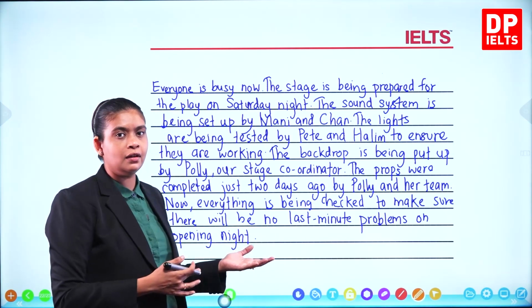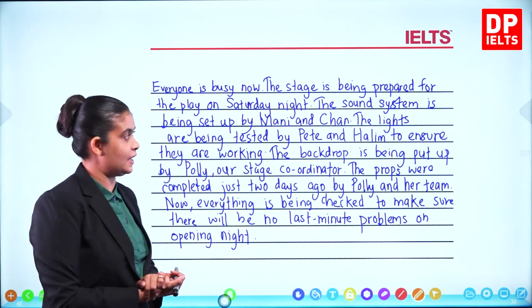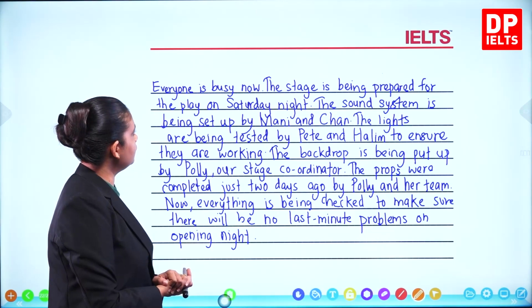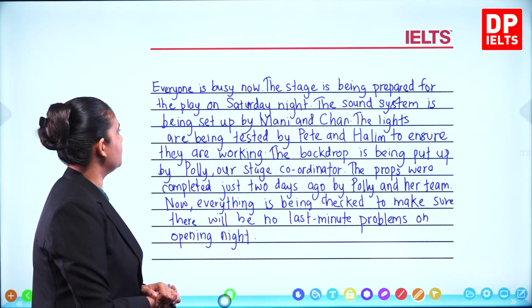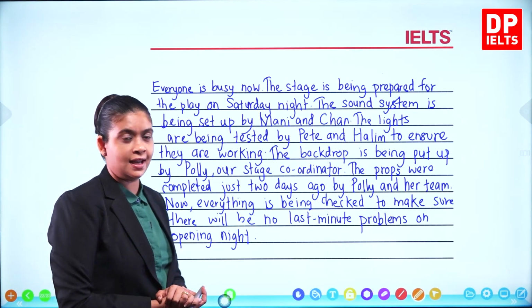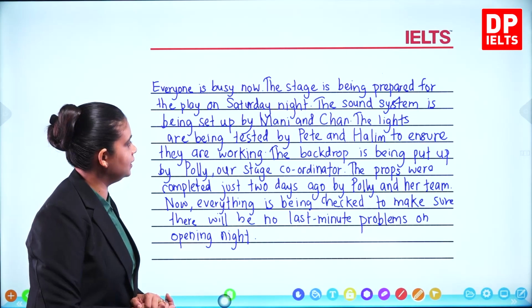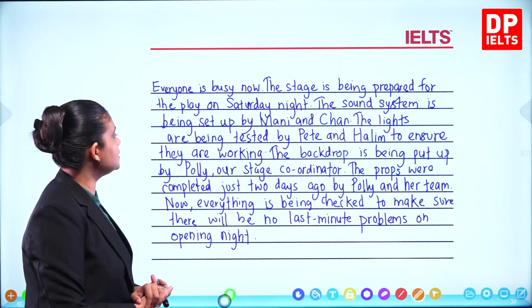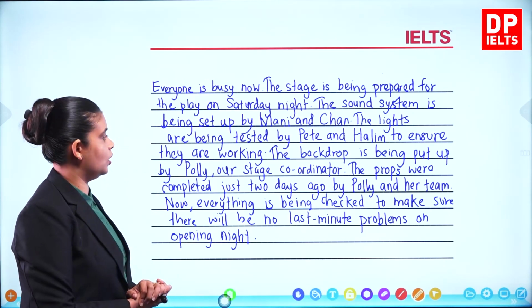Right, so here we have the entire paragraph rewritten in passive voice. Everyone is busy now. The stage is being prepared for the play on Saturday night. The sound system is being set up by Mani and Chen. The lights are being tested by Pete and Halim to ensure they are working.